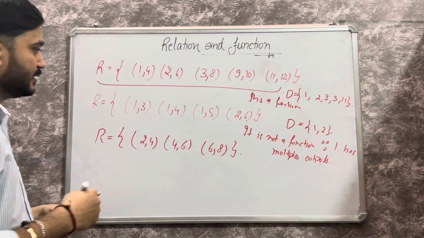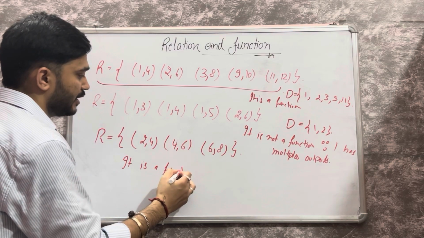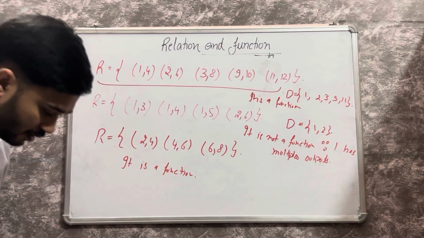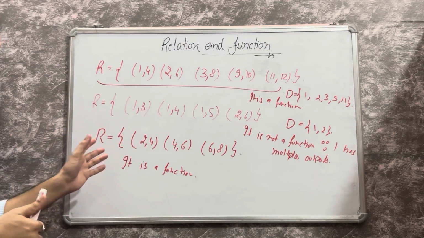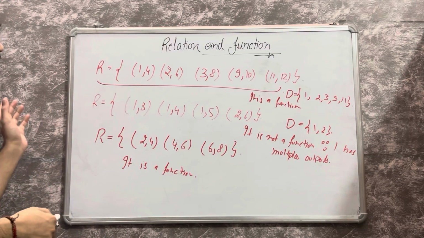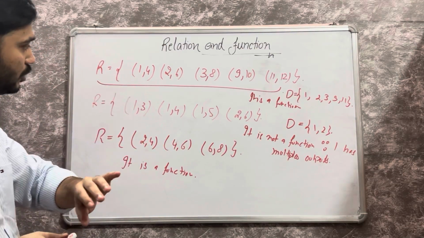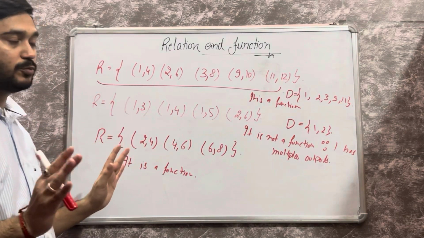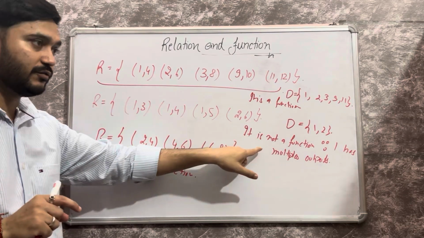Similarly, the third case is a function because every input has a different output. Different inputs can have the same output, but the same input cannot have different outputs. If the same input has different outputs, it is not a function.